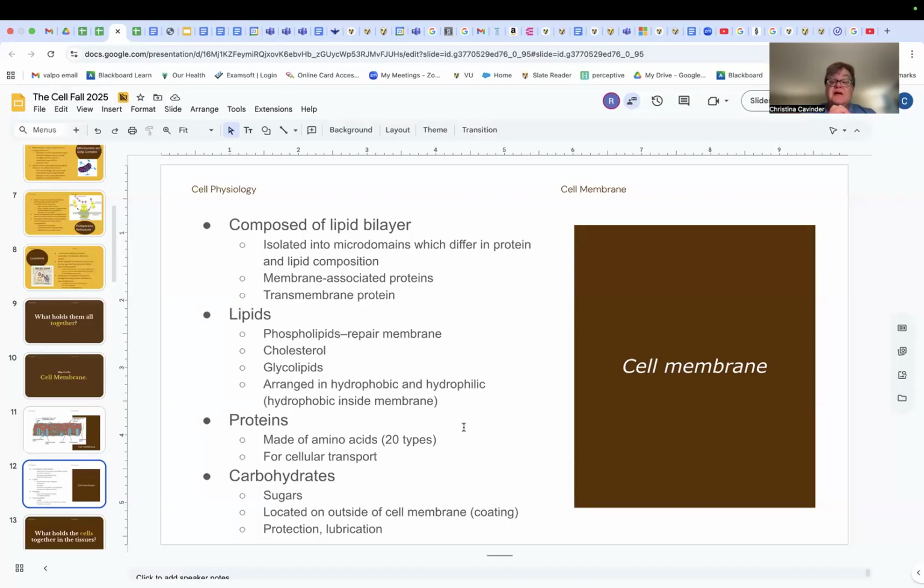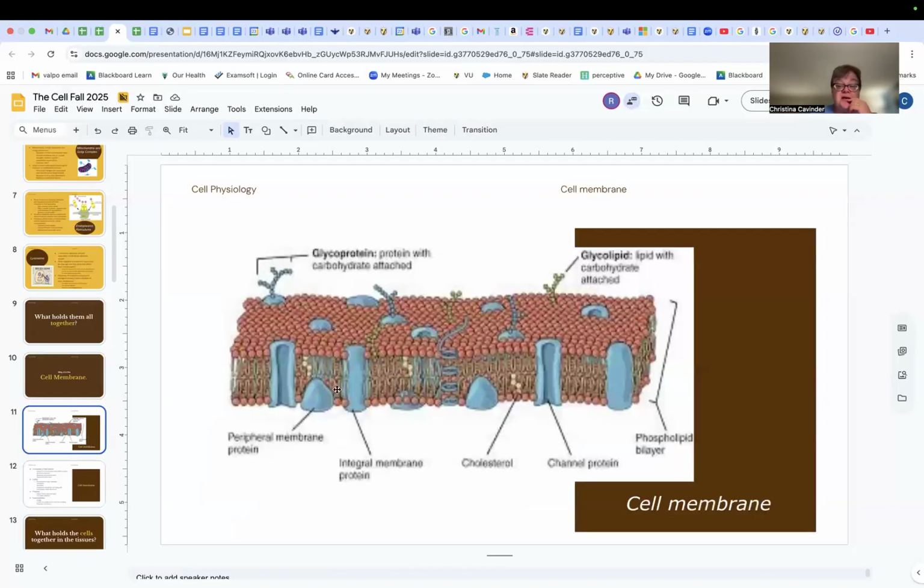Among the lipids, you have phospholipids, and they repair the membrane. Cholesterol, we already saw, makes the cells glide better or move across. Glycolipids are the same. These arrange in a hydrophobic, hydrophilic membrane. If you go back here, you'll see the two layers, with a split down the middle.